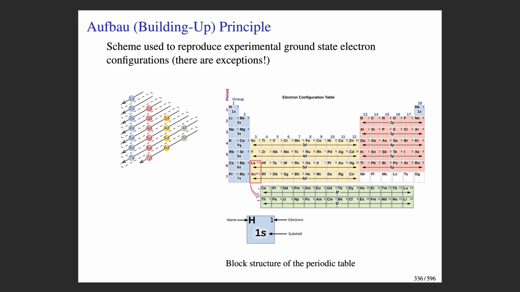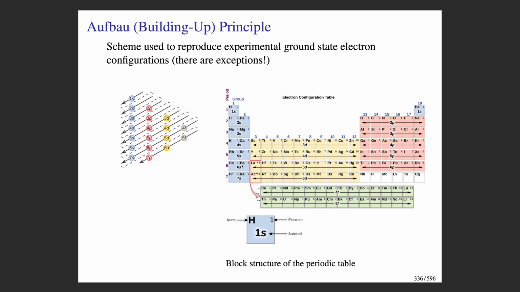So after the 4s, then you start the 3d, then you go back to the principal quantum number of 4 and start filling up the 4p. After that, it's the 5s, and then notice here, you start filling in the 4d, then you go back to 5, the 5p then gets filled in, then the 6s. For period 6, then you jump down to the f block. The inner transition metals constitute the f block.